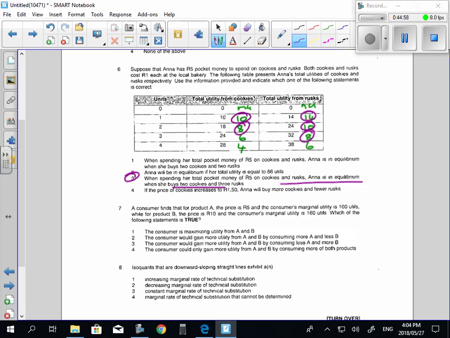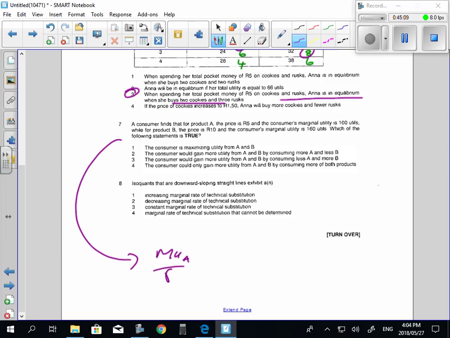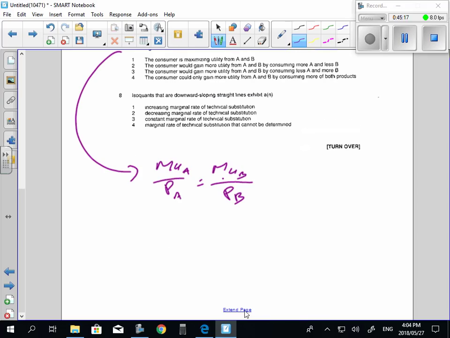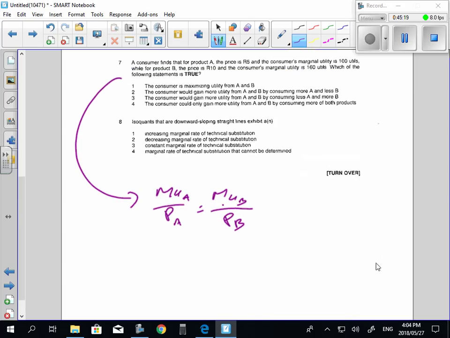So firstly, what you need to do, in equilibrium, your marginal utility of A over the price of A needs to equal the marginal utility of B over the price of B. So for product A, they said that the price is 5 Rand, marginal utility is 100.